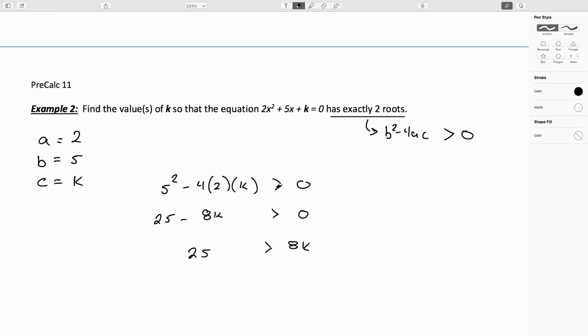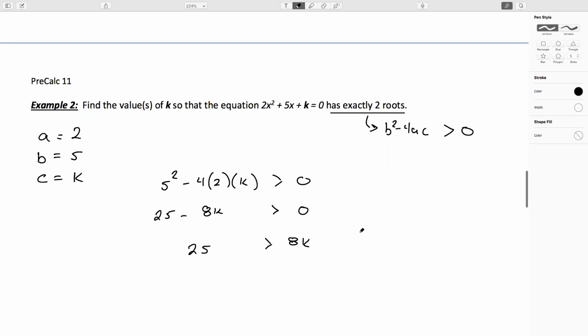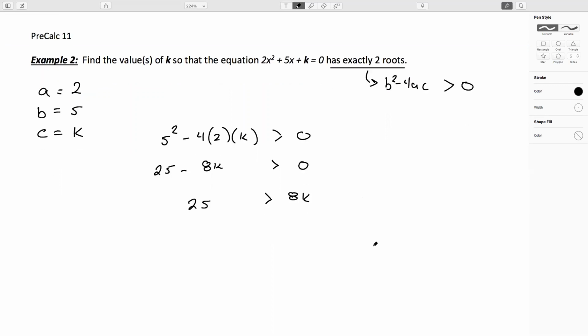Now when you're working with a greater than or equal to sign, it's the same as if you have just the equal sign for algebra, but if you divide by a negative or multiply by a negative, you have to switch the direction. So I can do everything except that, and I will be fine. So I've added 8k to both sides, just like a normal equation. And now I need to get rid of my 8 by dividing by 8. So 25 over 8 is greater than k.